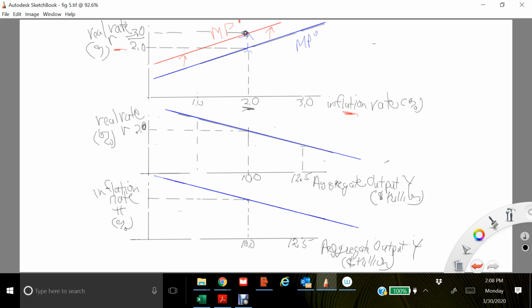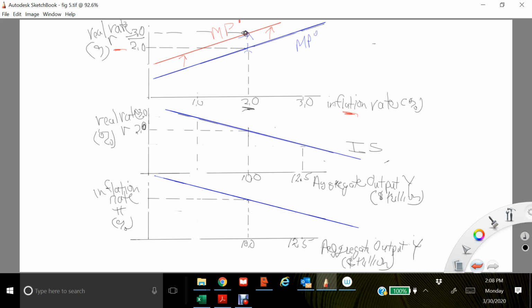We go to our IS curve here, and we read off 3%, which would be up here.